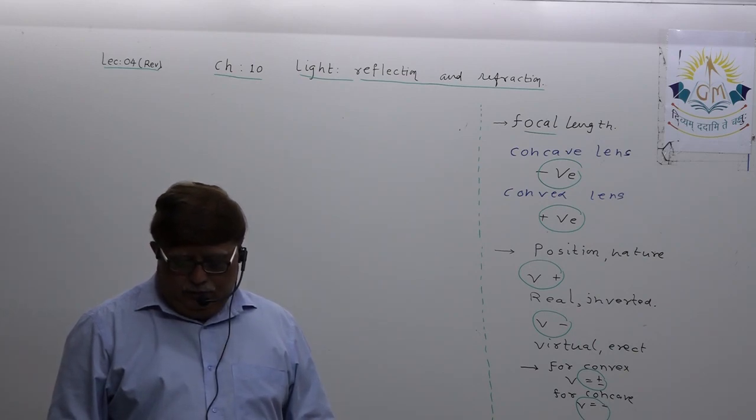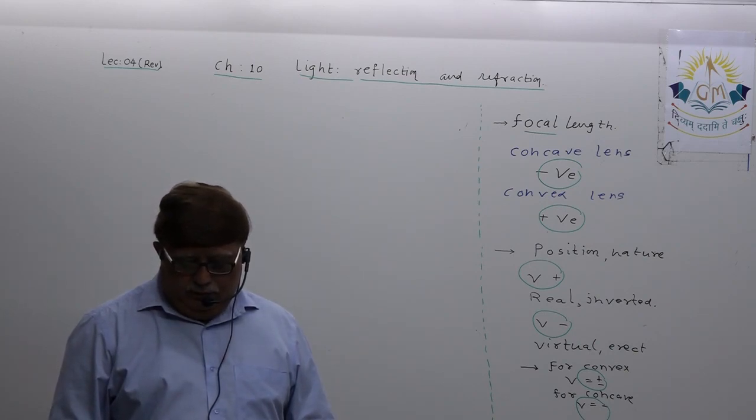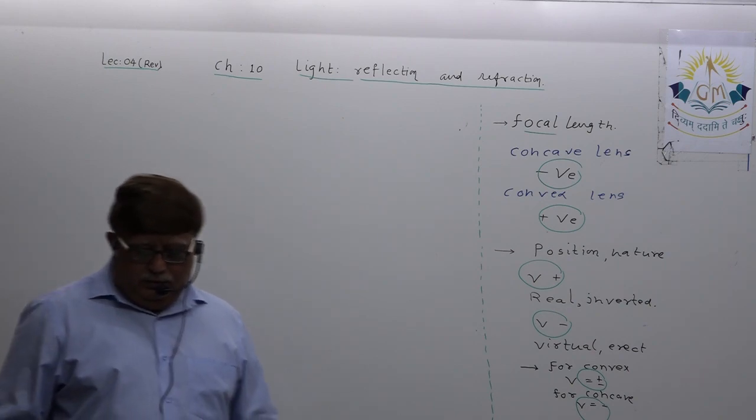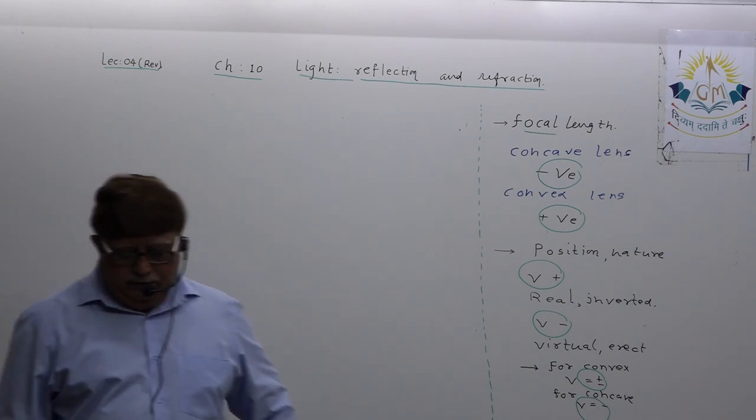The distance of the object from the lens is 15 centimeter. Find nature, position and size of the image and also find its magnification.